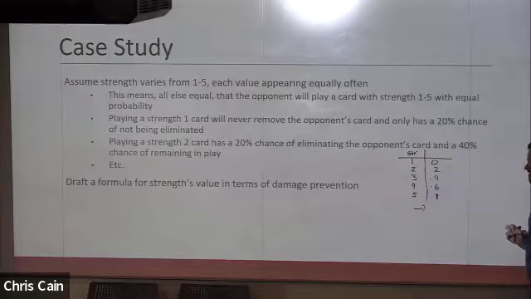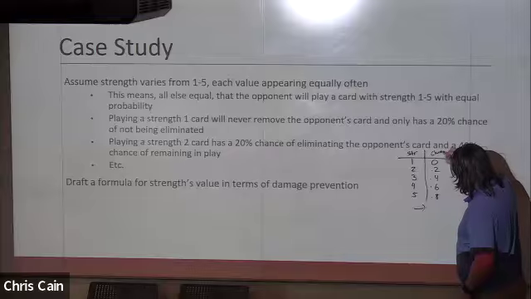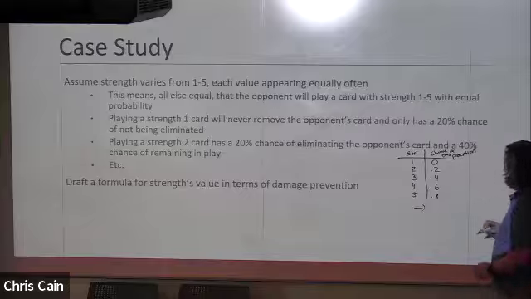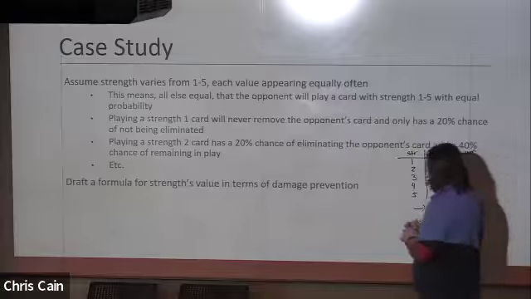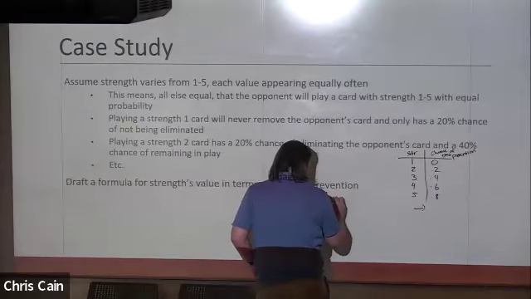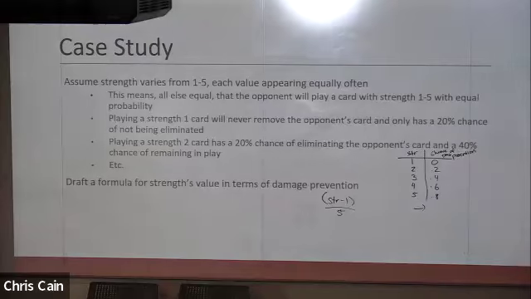Card strength. The 0.2 times n-1. Yeah. We end up with strength minus 1 over 5, or exactly the same thing as multiplying it by 0.2.